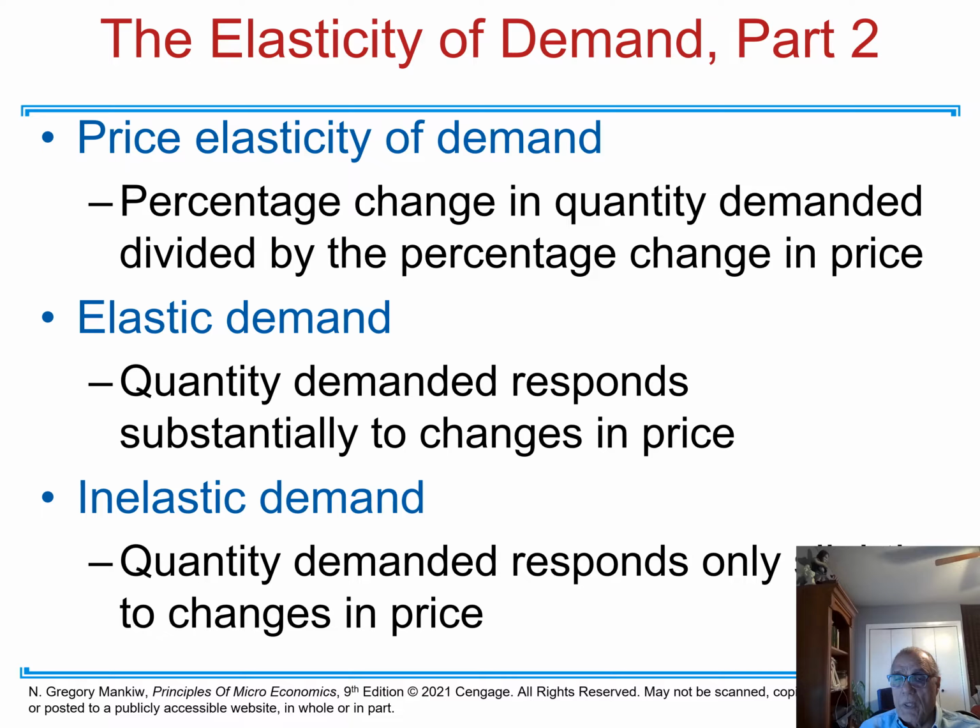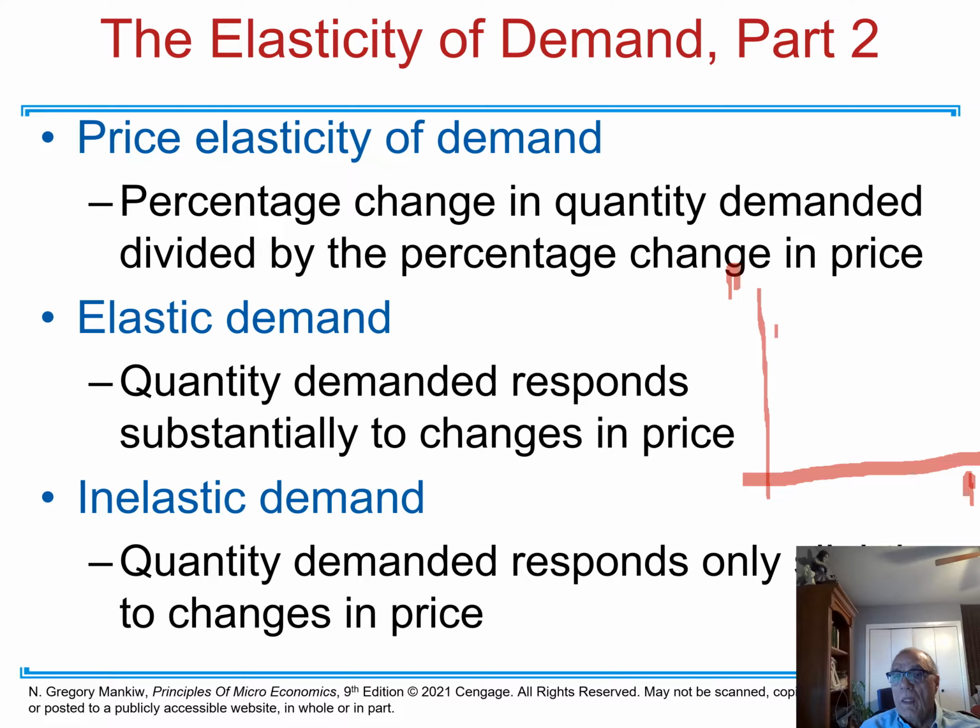Let me just draw some in here for you. Okay. If this is our supply demand curve, where we usually put the price on the vertical axis and quantity on the horizontal, right?